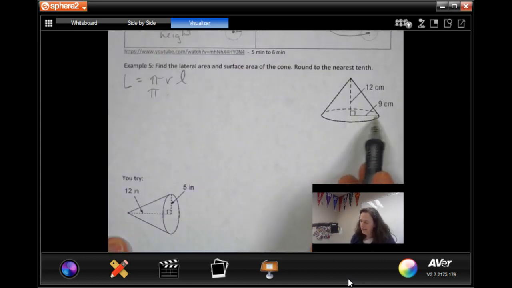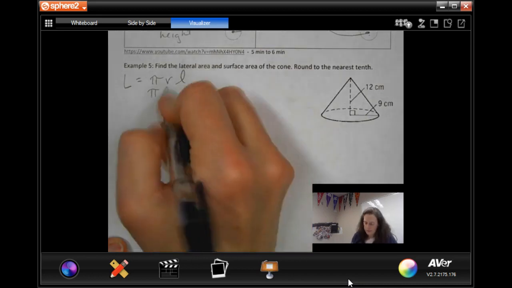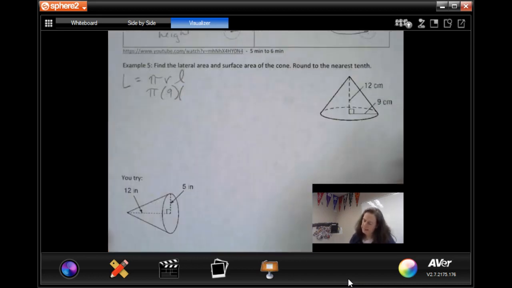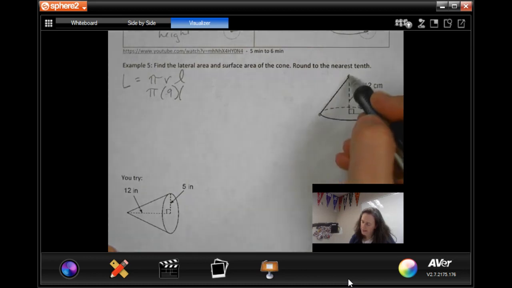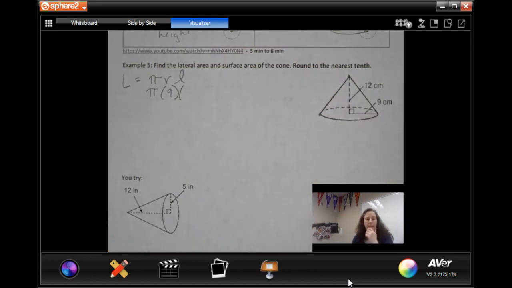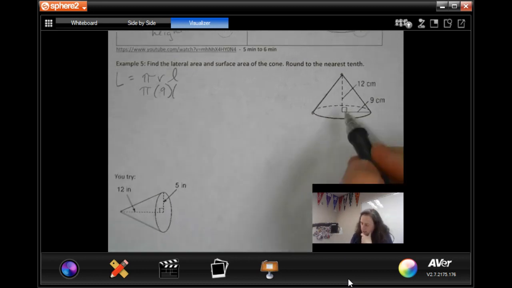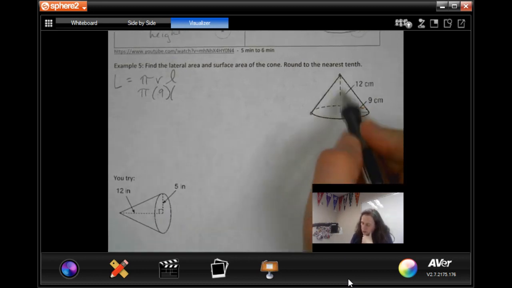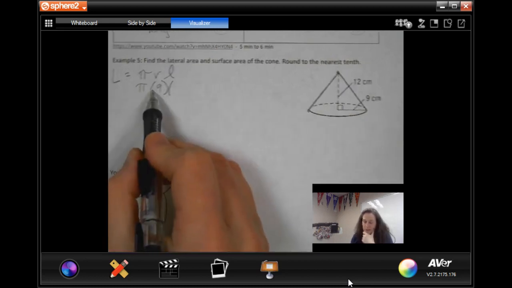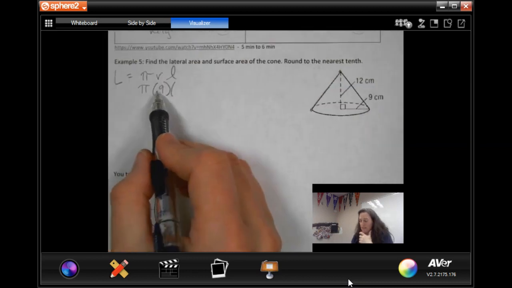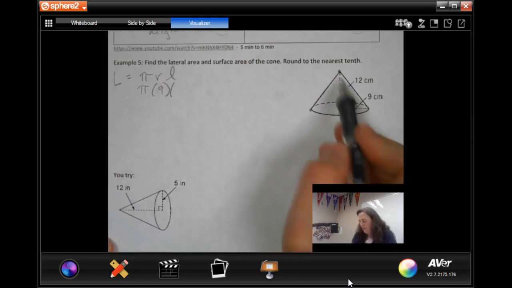They did right there. 9 is the radius of that circle, so we'll plug that in. And then the slant height is from the edge to the vertex, and they did not give us that number. Instead, they told us how tall it is from the center of the circle. That's a different measurement. We don't actually need that one for this, except it would help us to find our slant height.